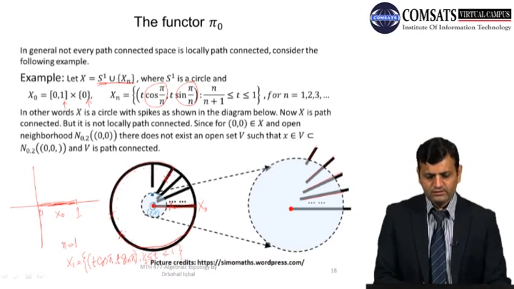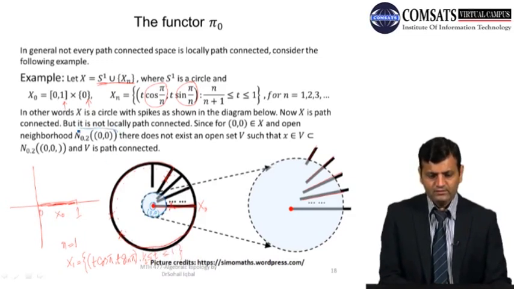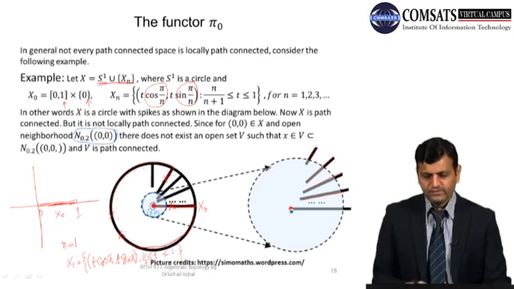Since it is every neighborhood, I'm going to take the neighborhood which is basically a circle of radius 0.2 centered at (0, 0). So I'm going to take this N(0.2, (0, 0)). If we magnify this circle, the radius is 0.2 and the center is (0, 0). So this is a neighborhood of the point (0, 0).